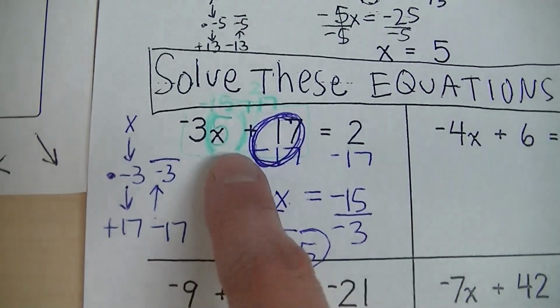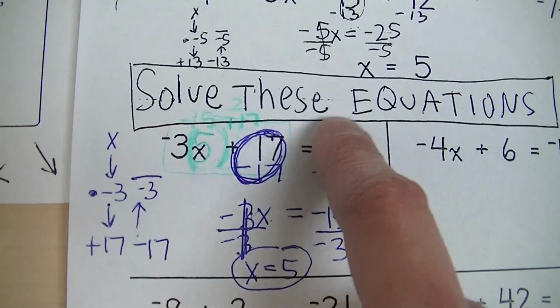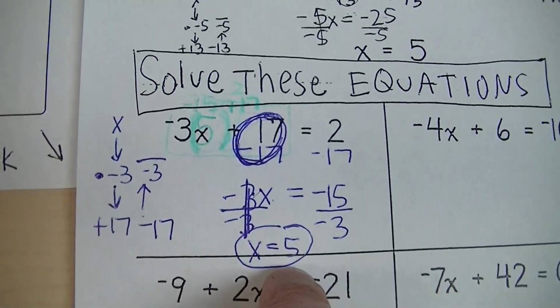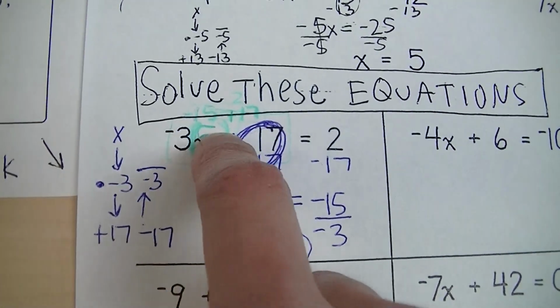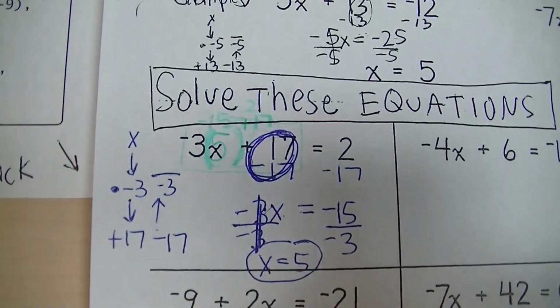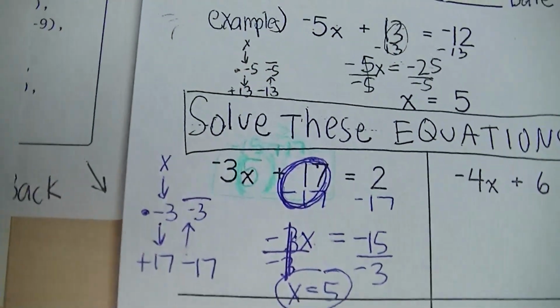So when you solve for that variable and substitute it in, you want both sides to equal the same thing. In this case, this answer is correct. X is equal to 5 because this side equals 2 and this side equals 2. Okay? Now don't worry, I won't go into that much detail for the rest of the problems, but I just wanted to review that to make sure you recall.